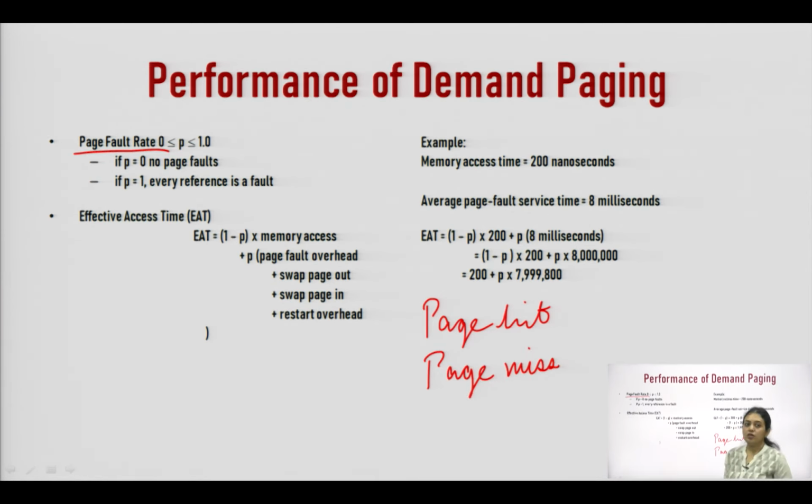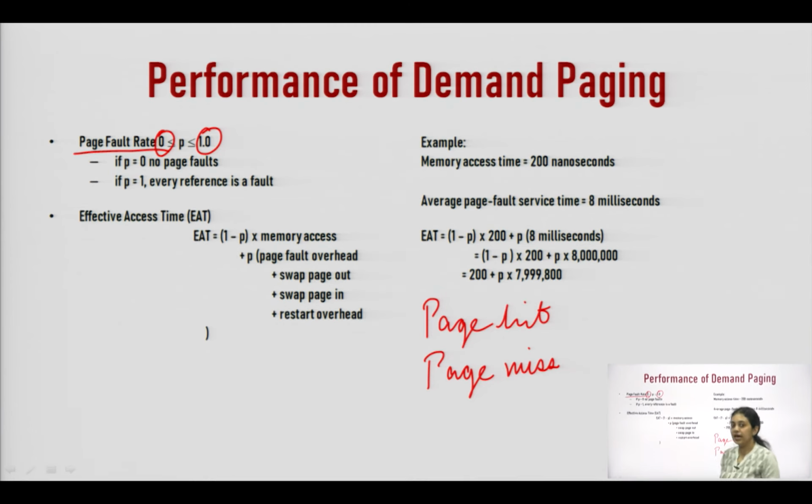So, the values that we talk about, 0 and 1: if there is no page fault at all, that means every time we refer a page we get it into the memory, then the page fault rate is 0. That means there is no page fault.